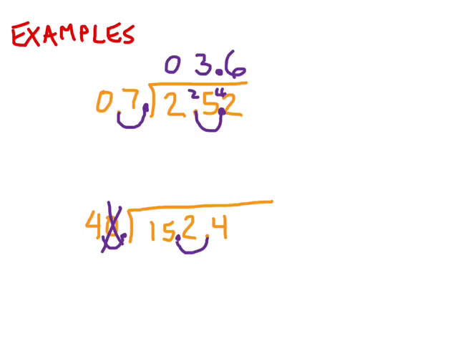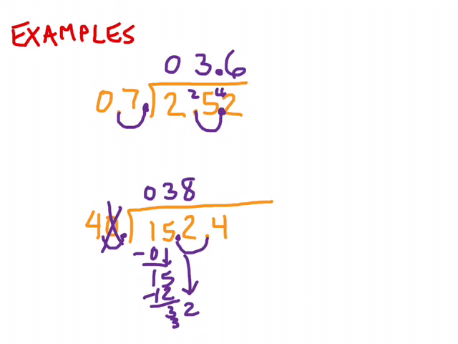So 4 doesn't go into 1. I'll do this long form for those of you that do it long form. There's 1 left over, bring down the 5. 4 goes into 15 3 times, which is 12. So there's 3 left over, bring down the 2. 4 goes into 32 8 times, which is 32.